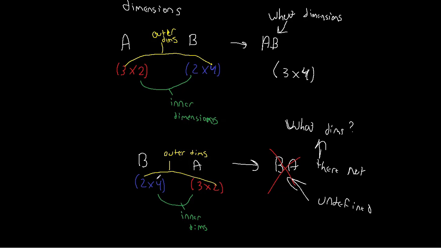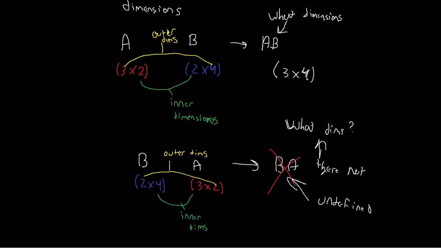Here, the inner dims are the 4 columns from B and the 3 rows from A. They don't match. The inner dimensions have to match, then the resulting matrix has the dimensions of the outer dimensions. If the inner dimensions don't match, we can't do the multiplication.